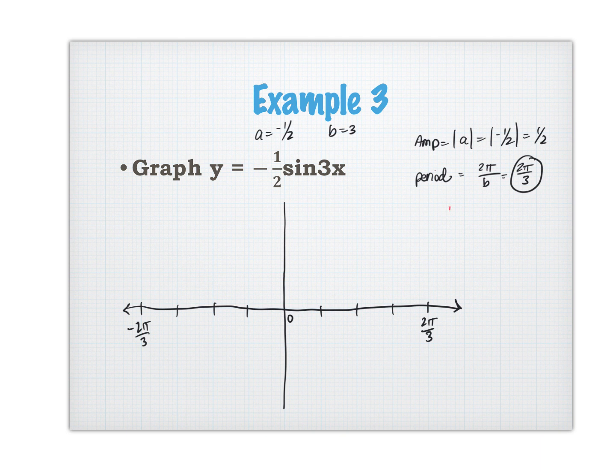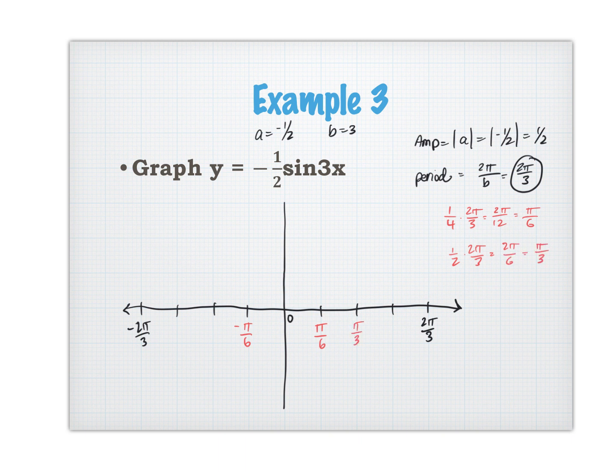So again, I'll start with 1/4 of 2 pi over 3 equals 2 pi over 12, which is pi over 6. So this is pi over 6, and this would be -pi over 6. 1/2 of 2 pi over 3, that's going to give me my midpoint. That's 2 pi over 6, or pi over 3 radians.